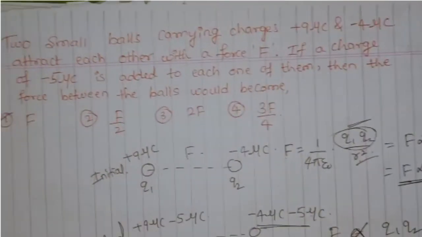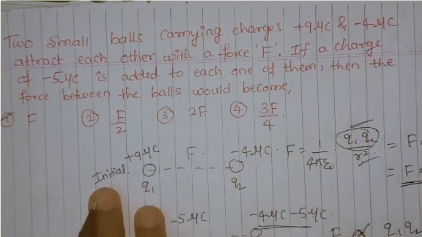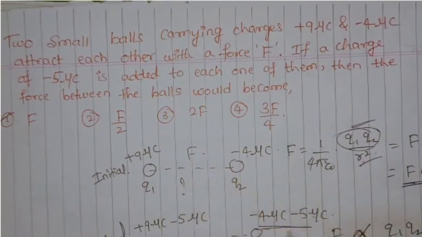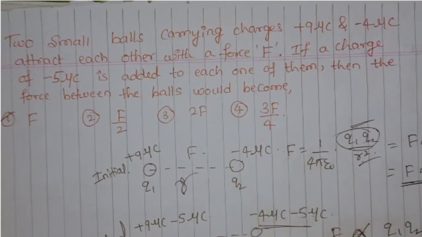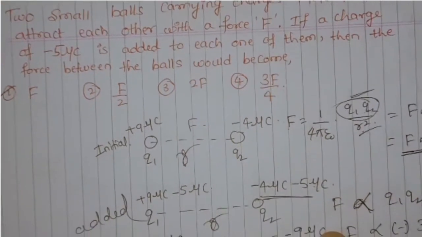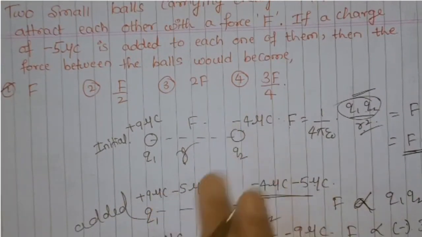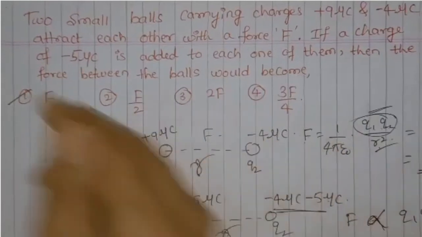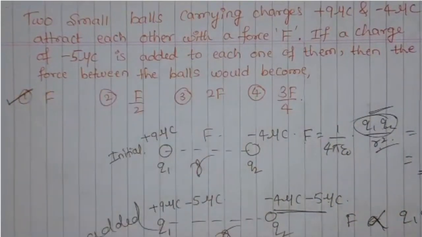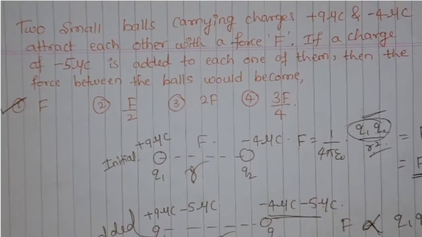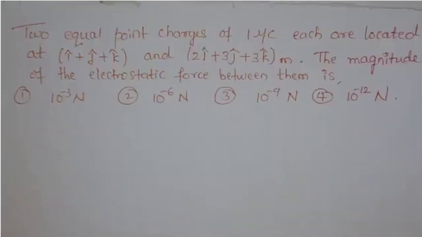Here r is fixed. Nowhere have they said r is changing. So r is not changing, hence the force is the same. So the right answer would be F. Okay, I hope you understood this.